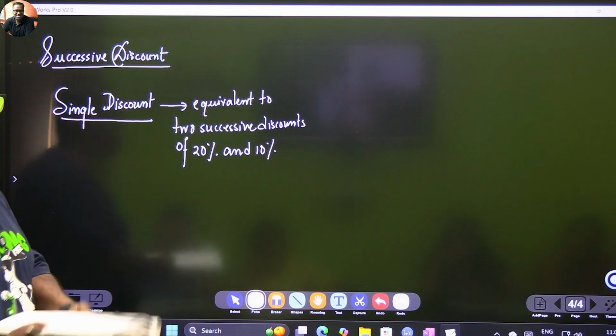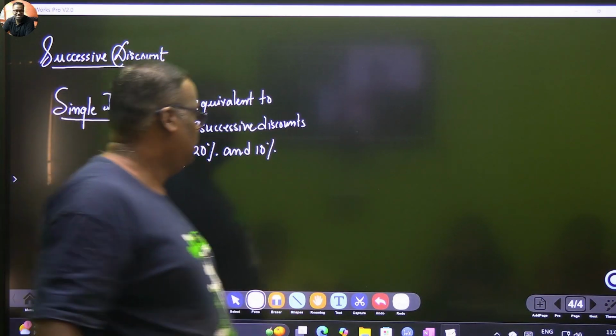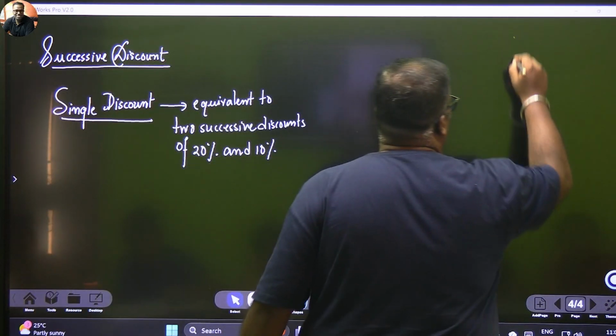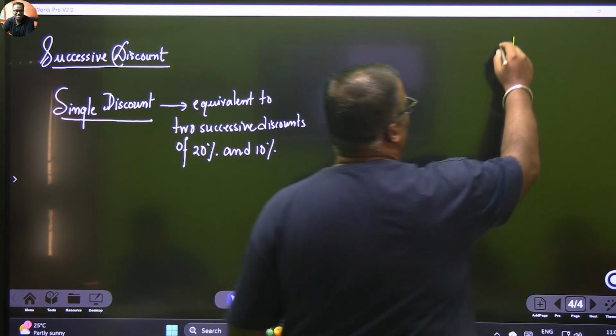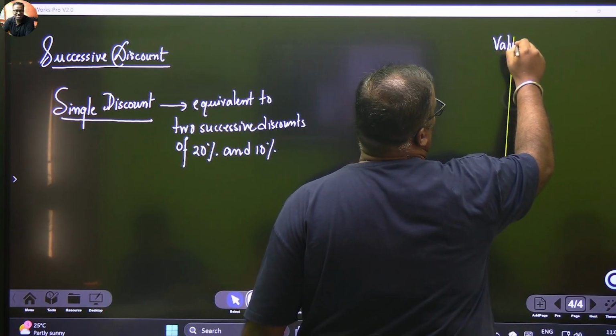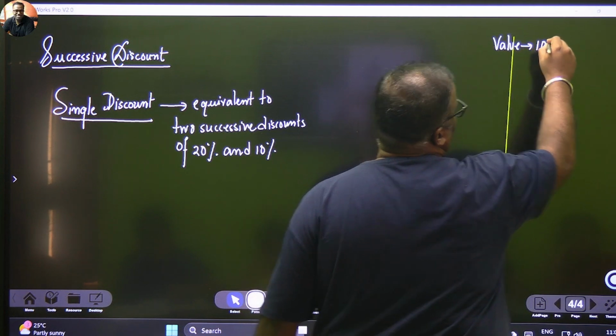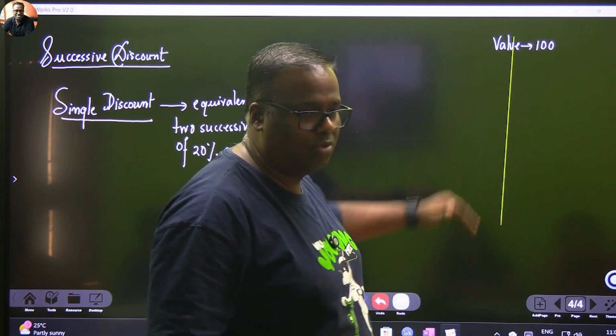So let's again draw the bar and see this type of problem. Two successive discount. So obviously we will have some value out here, some value, and let this value be 100 for us. It's easy. So you're having two discounts.